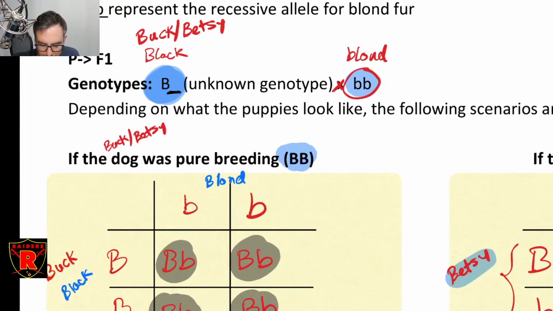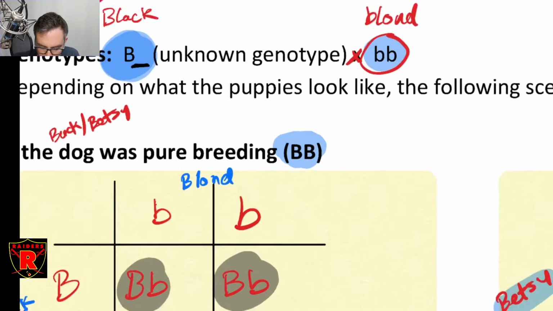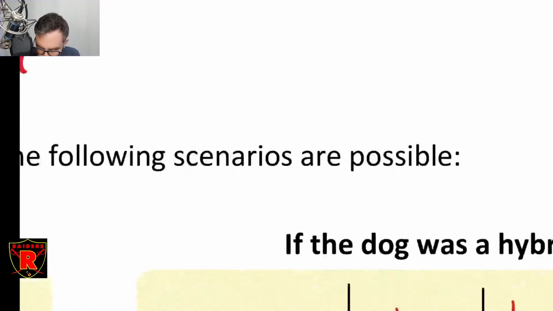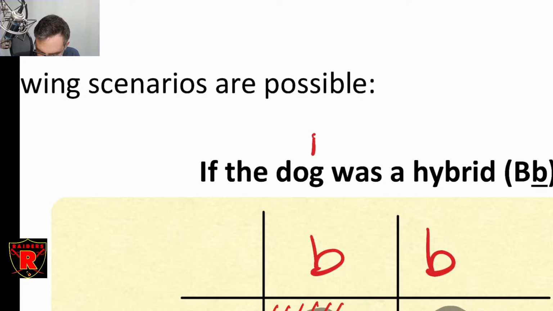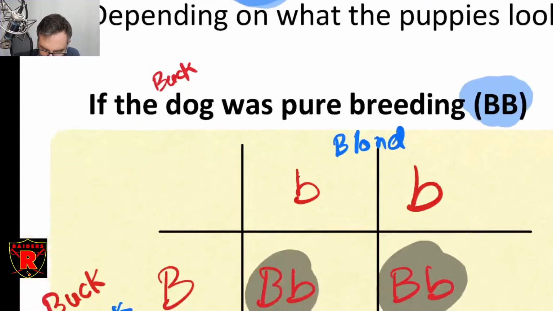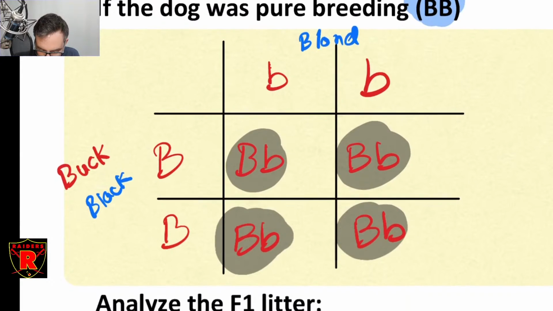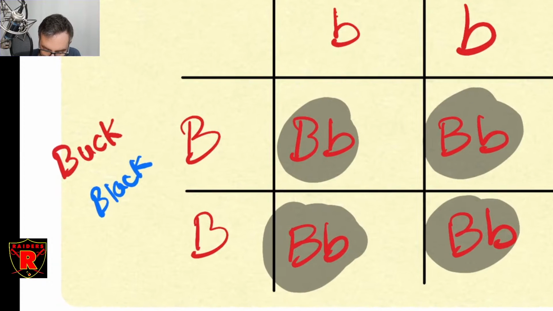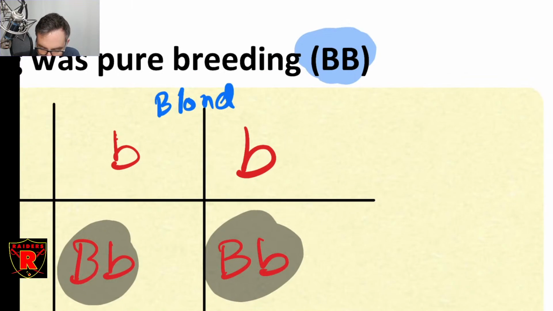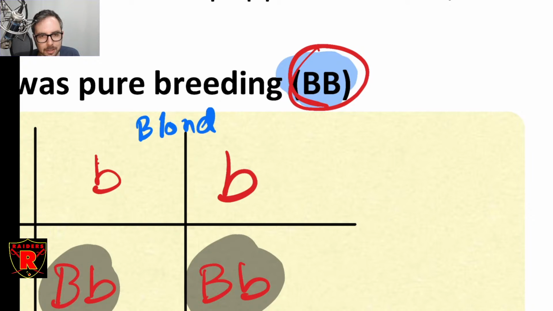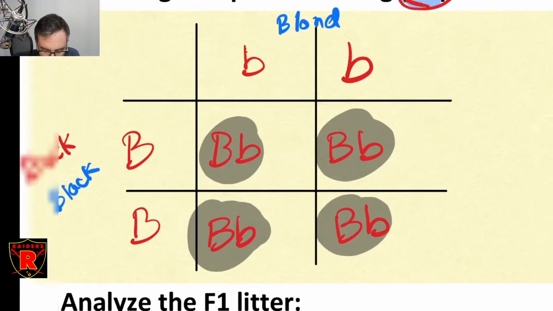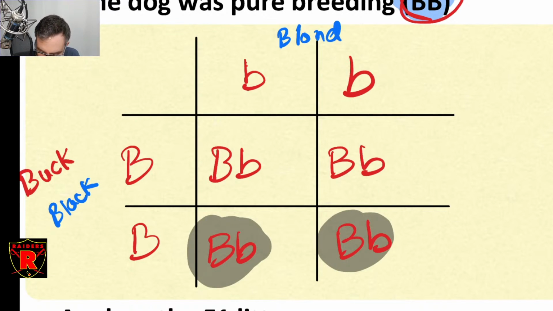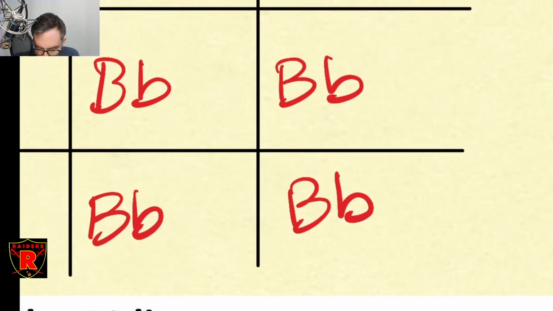So there are two potential scenarios here. If the dog is a purebred, big B, and that was Buck, and then the other one over here would be Betsy. If we know that it's Buck, Buck is big B. Well, when we breed them, we're going to get a big B and a little b. That's if it's a big B dog, a purebred. If you do that, and you look at the offspring, every single one of the offspring is going to be big B, little b.